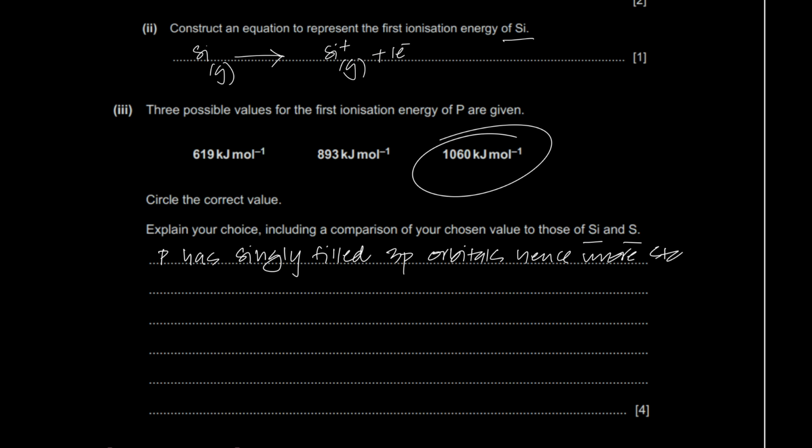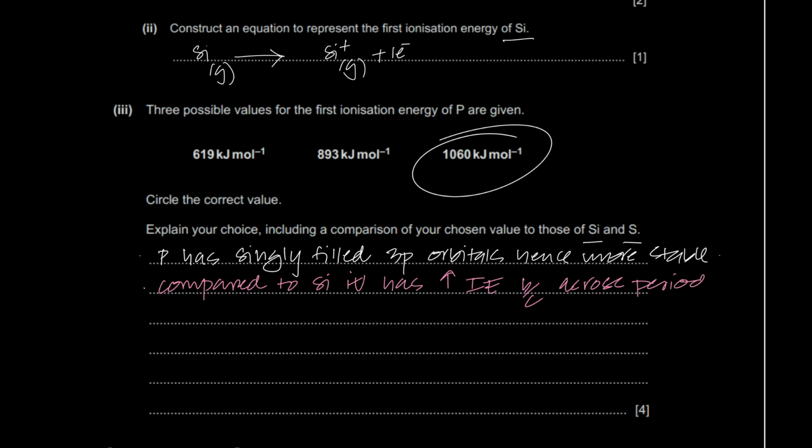Secondly, compared to silicon, it has higher ionization energy because across the period, it's just the normal things that we write. Across the period, what happens?